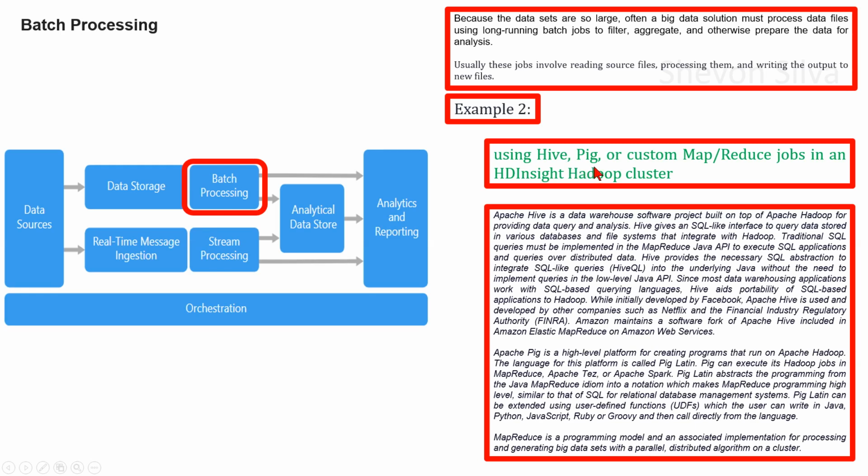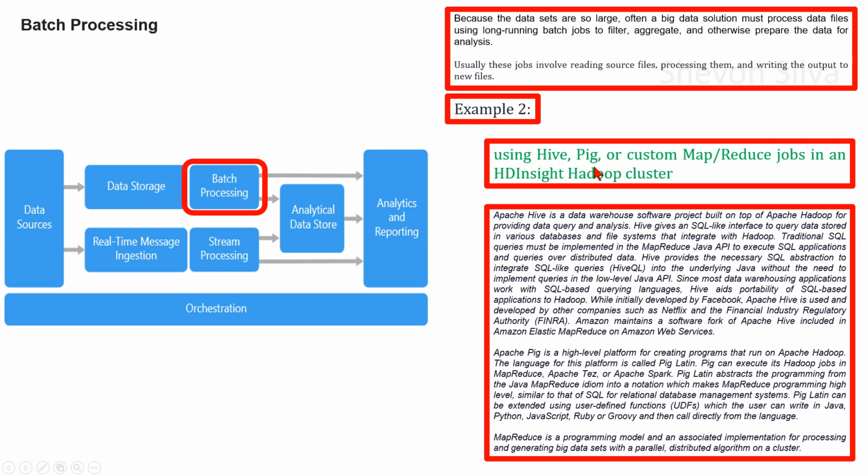Apache Pig is a high-level platform for creating programs that run on Apache Hadoop. The language for this platform is called Pig Latin. Pig can execute its Hadoop jobs in MapReduce, Apache Tez, and Apache Spark.